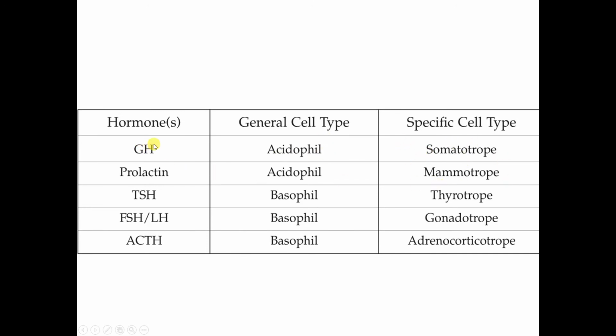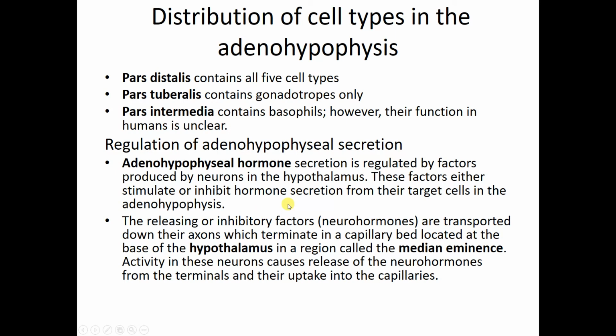We have somatotropin releasing hormone, prolactin releasing hormone, gonadotropin releasing hormone, thyrotropin releasing hormone, and adrenocorticotropin releasing hormone. So you see, we need a hormone to produce hormone, and this is a new level of regulation. It happens, as I said, in the hypothalamus. And also we have stimulatory hypothalamic hormones.